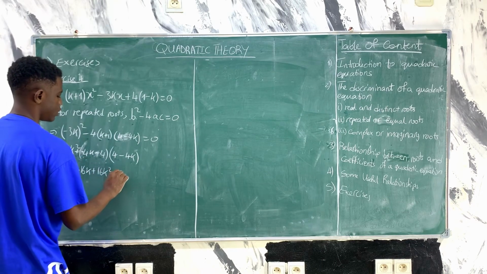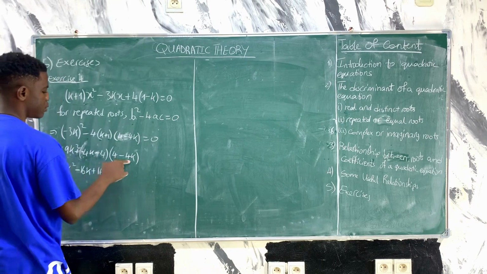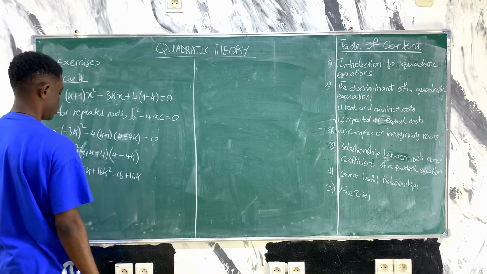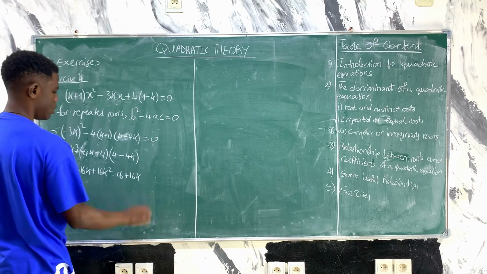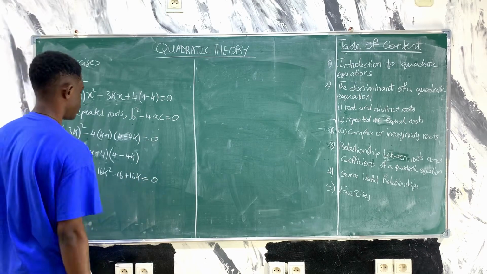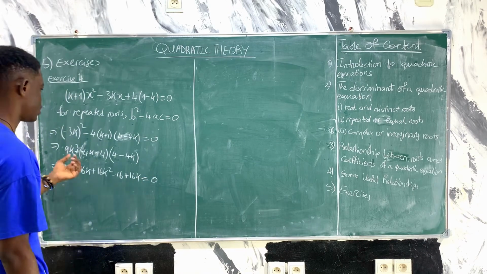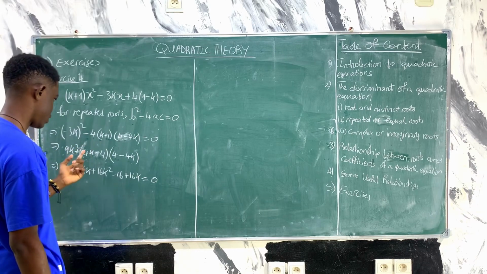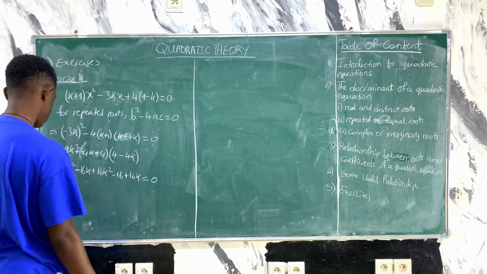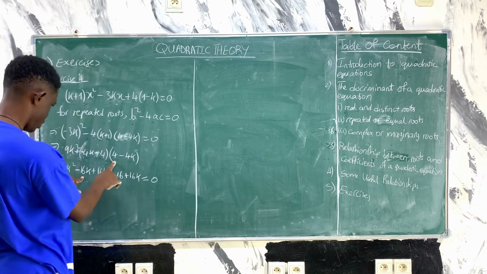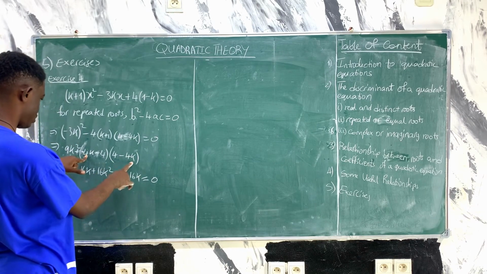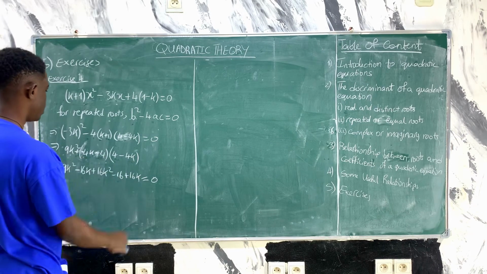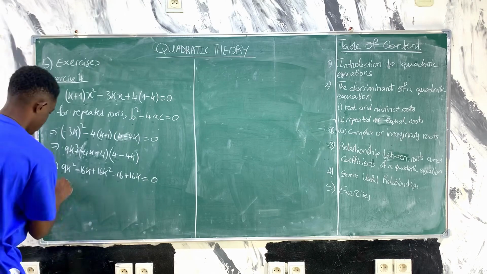That will be minus 16, minus 4 times minus 4k. That will be plus 16k. All that is equal to 0. So let me check this work. Yeah. Minus 4k. Yeah. Okay. Minus 16k squared minus 16.